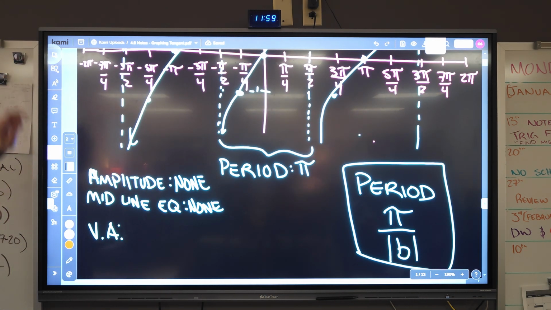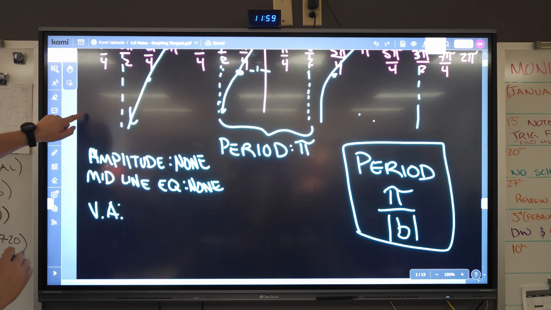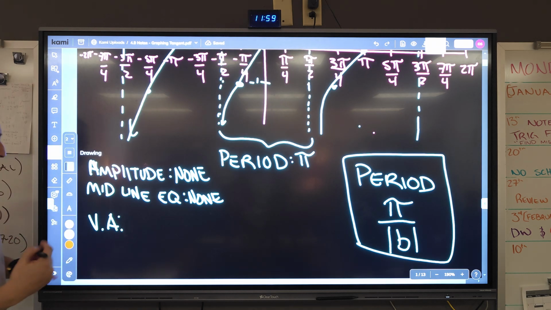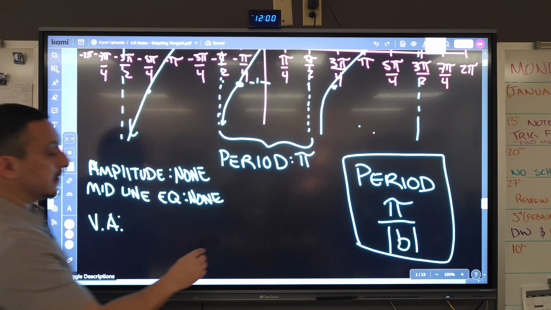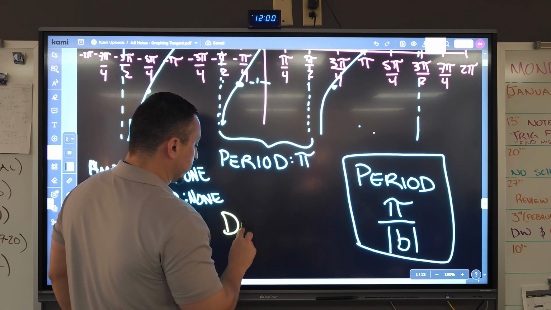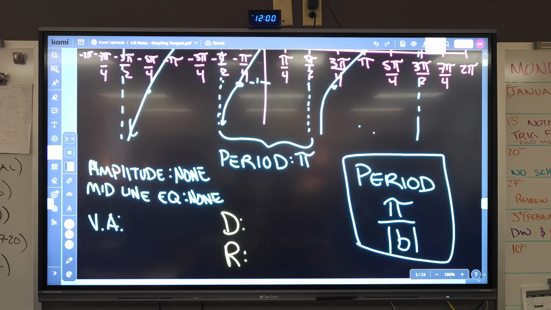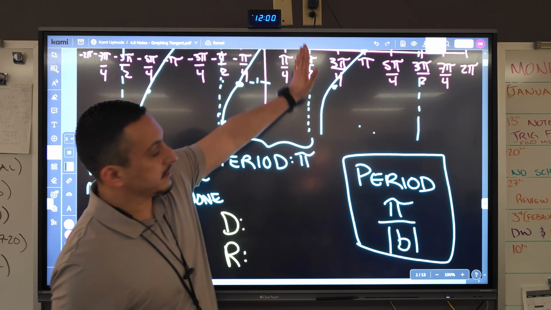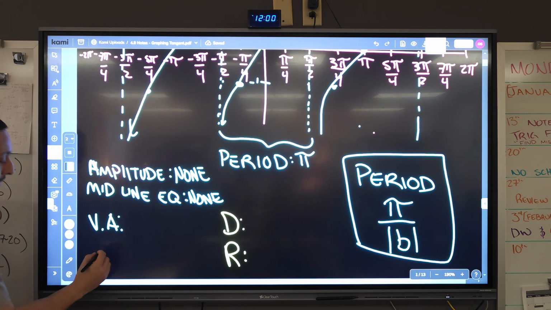What else? We need to talk about the domain and the range. I forgot to talk about those when we did sine and cosine. But here's the domain and then the range. Before I can do domain and range, let's talk about this asymptote. This wall is vertical like this, so the way you write an equation is x equals, because that's how you get a vertical line instead of y equals.